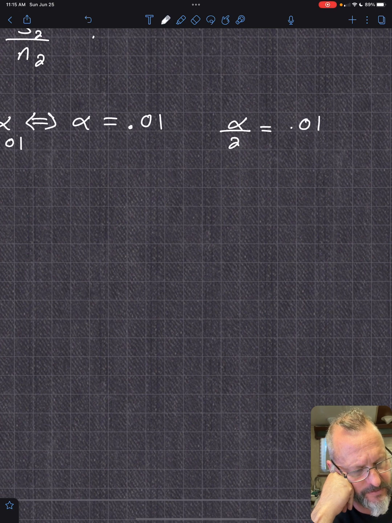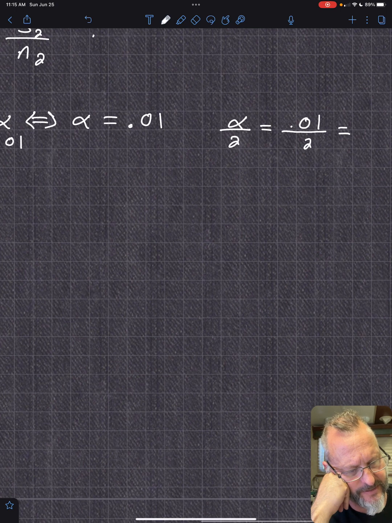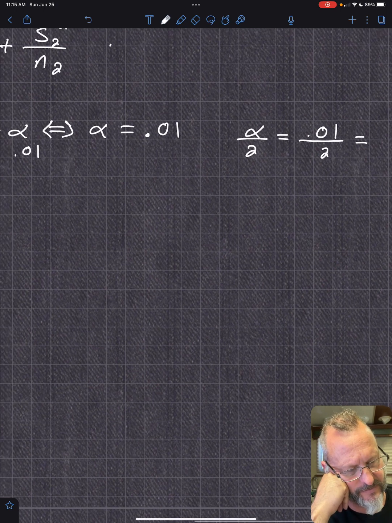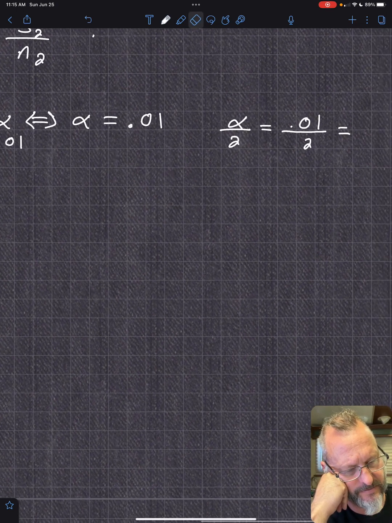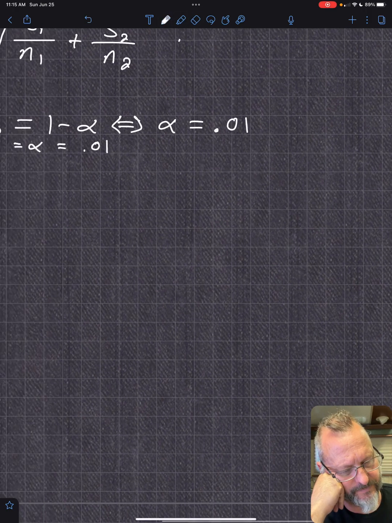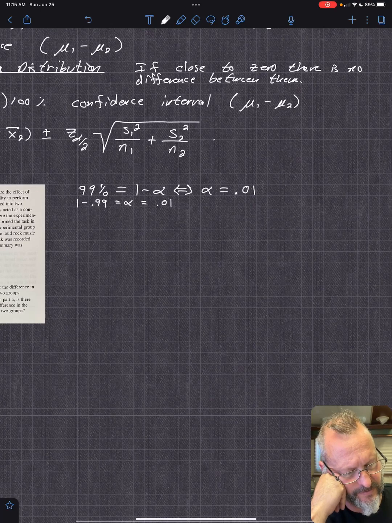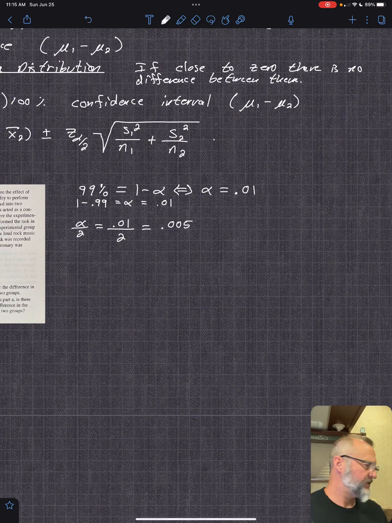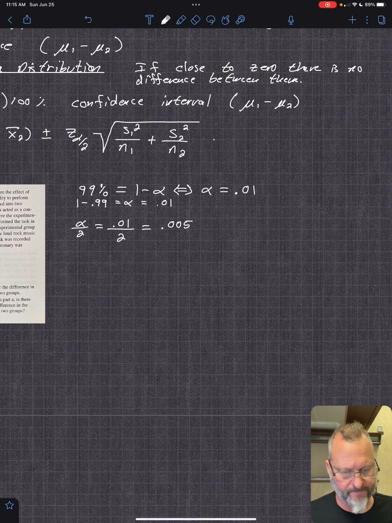I don't have space, so let's fix this and do it down here. Alpha over 2 is your 0.01 divided by 2, and you get 0.005. Okay, so that's your z-score that you will look up.